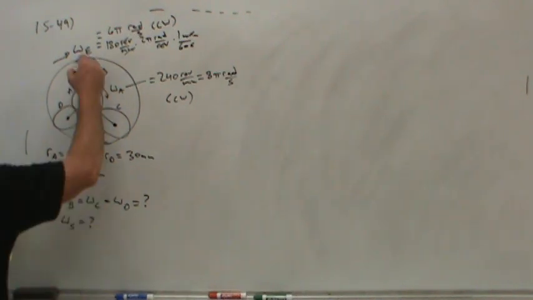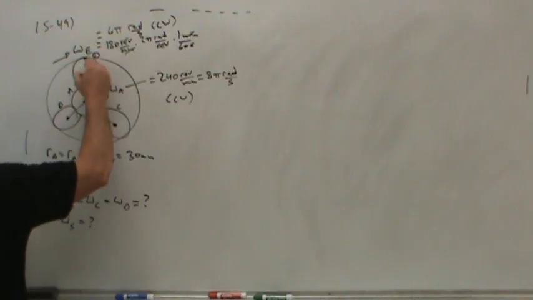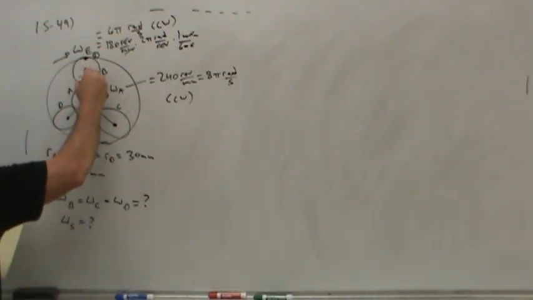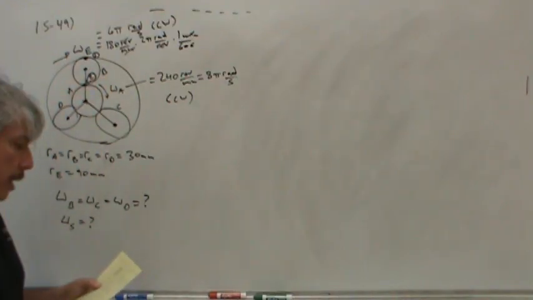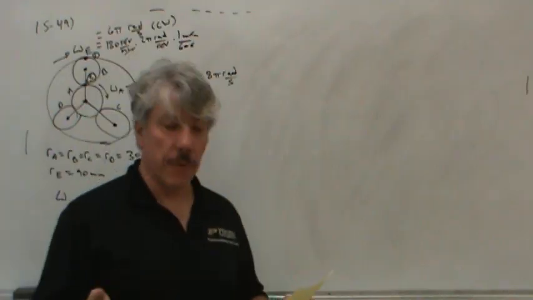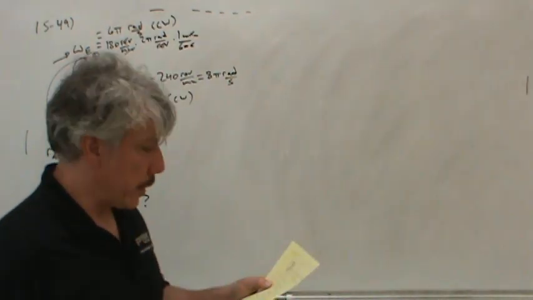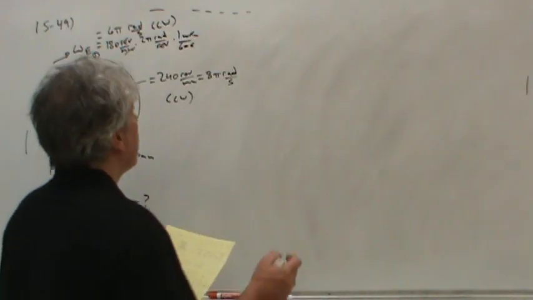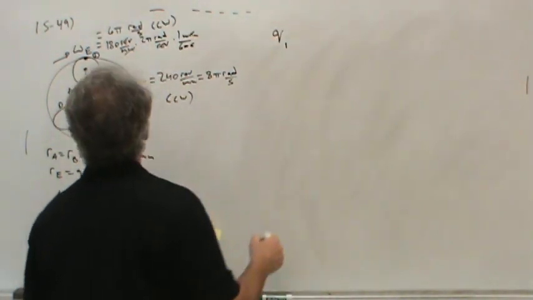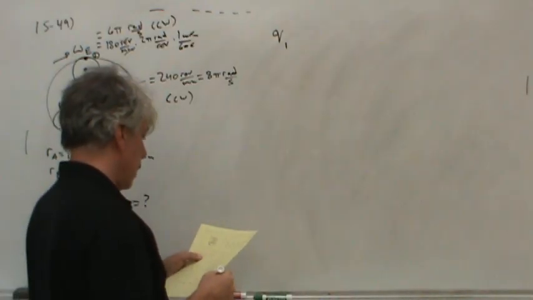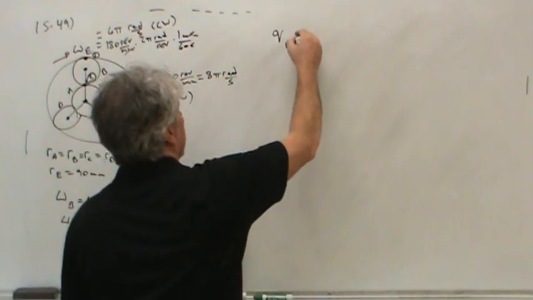I'm going to define some points. I'm going to call this point 1 and this point 2 just because the letters are already taken as names. And I'd hate to continue with more letters for bodies, since bodies are given letters, and I'd be using letters for points. So we'll use numbers. The velocity of point 1, which is right here, has to be, now let's think about it.